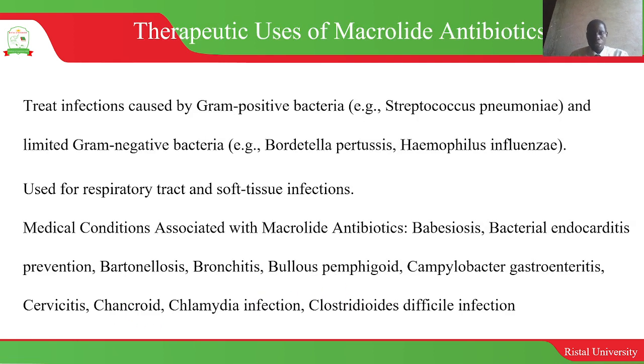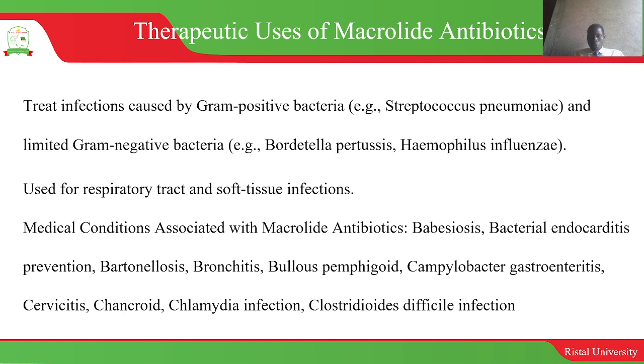Therapeutic uses of macrolide antibiotics. They treat infections caused by gram-positive bacteria, for example Streptococcus pneumoniae, and also limited gram-negative bacteria like Bordetella pertussis and Haemophilus influenzae. They are used for respiratory tract and soft tissue infections.